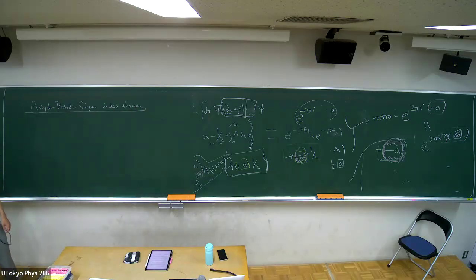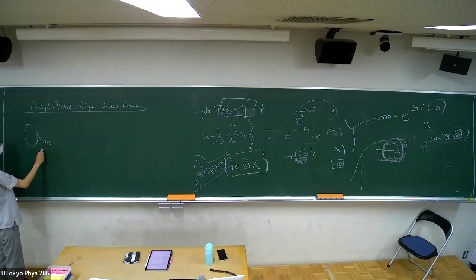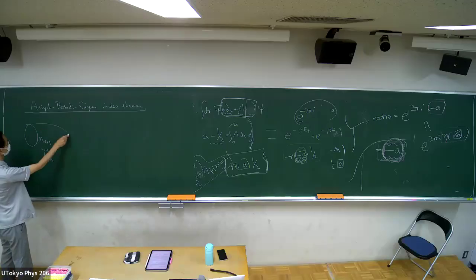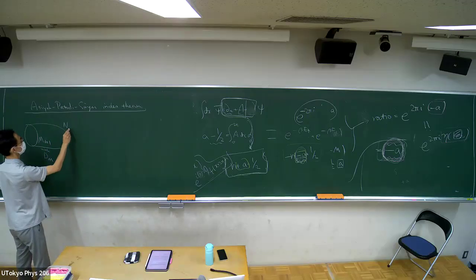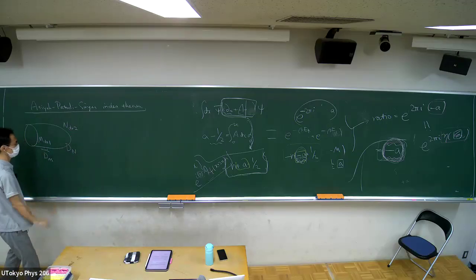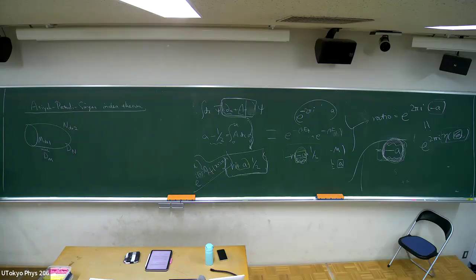This is a fairly complicated subject. So let's say we have a d plus 1 dimensional manifold with some Dirac operator. Suppose this is the boundary of a d plus 2 dimensional manifold, and let's say that there's a corresponding Dirac operator there.